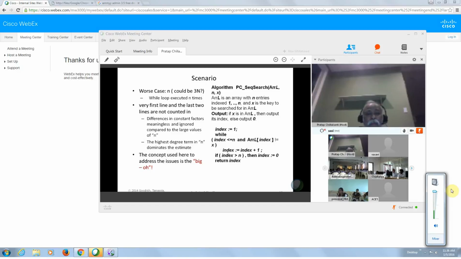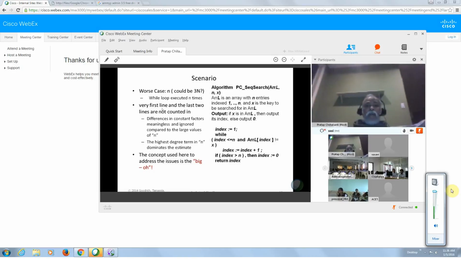That means you have not found the match, so you increment the index and continue. Remember, this entire while statement goes from here to index equal to index plus 1. After going through that loop, if index is greater than n, then index is equal to 0, which means you have not found the match. Otherwise, you return the index. Straightforward, right? Programming 101.